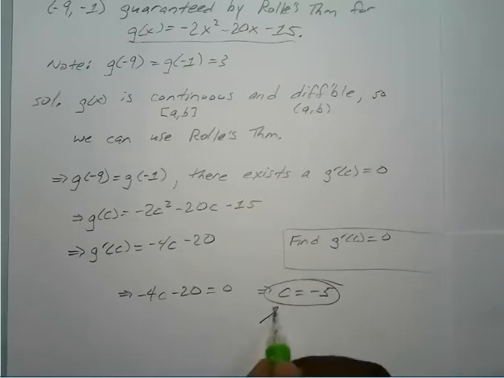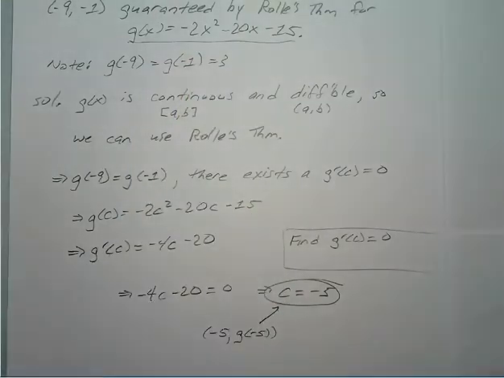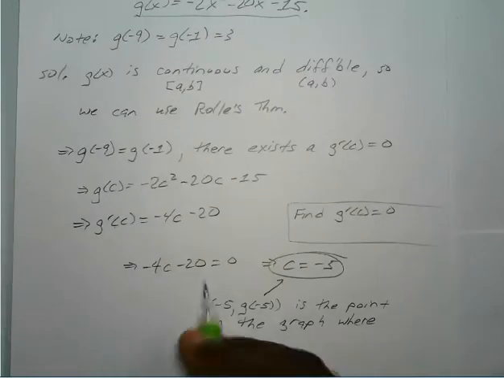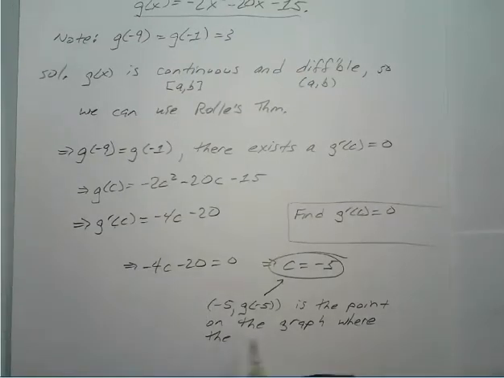So we know that the point negative 5 and g of negative 5, whatever value you end up with if you plug it in, is the point on the graph where the slope is 0.